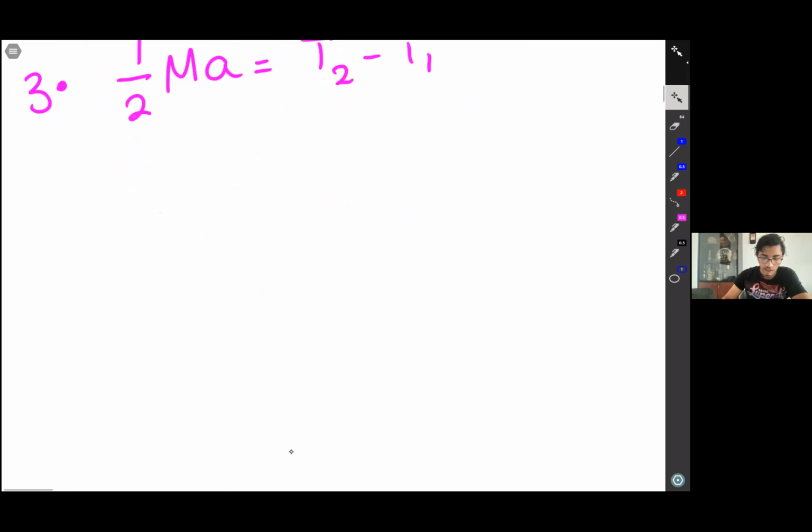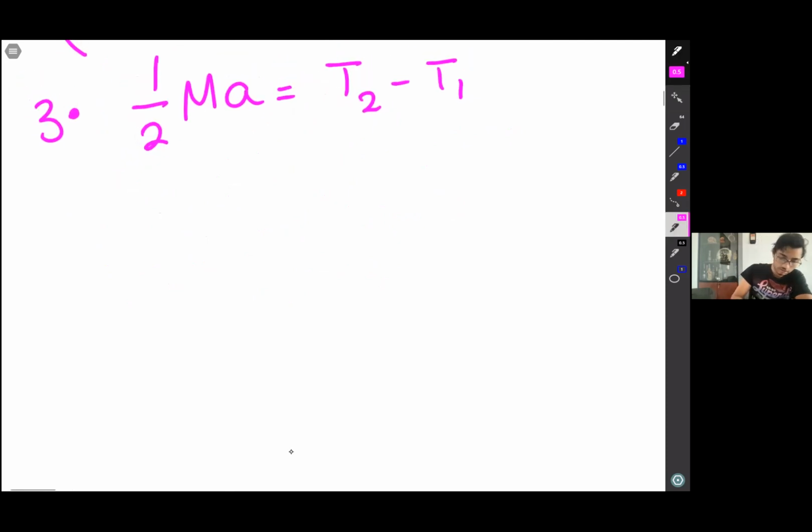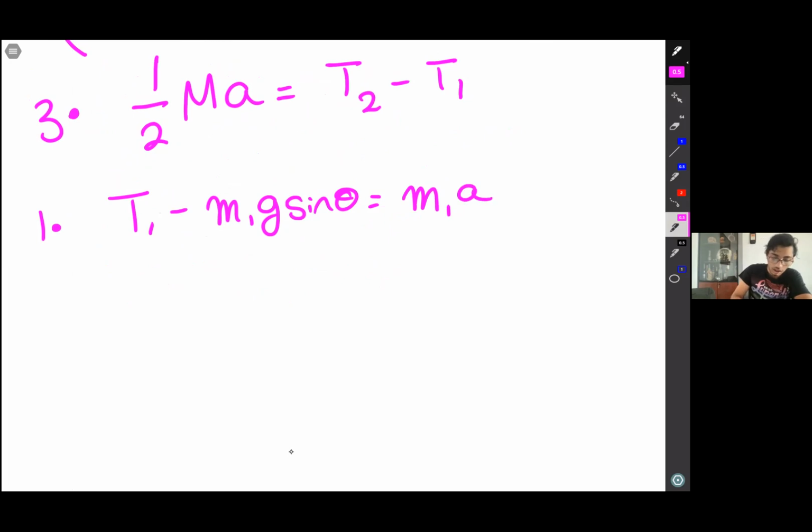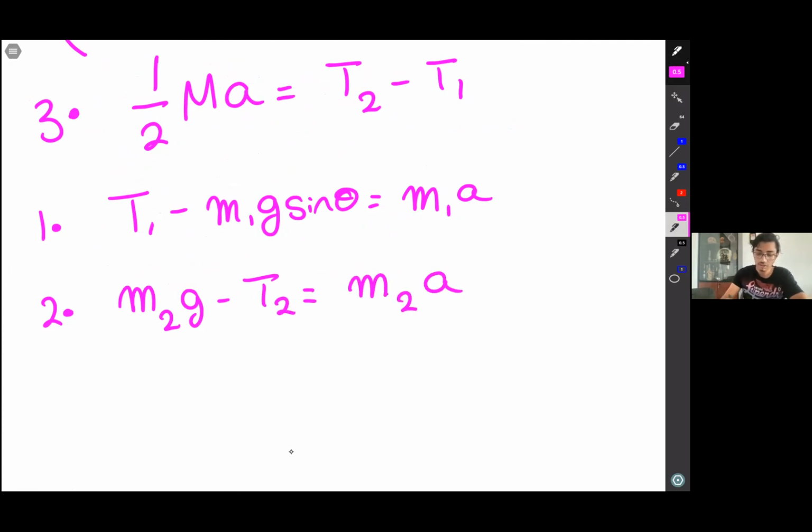Let me rewrite the first two equations over here. One was T1 minus M1G sine theta is equal to M1A. And for equation 2, it was M2G minus T2 is equal to M2A. Now notice I have T2 minus T1 is equal to half MA.